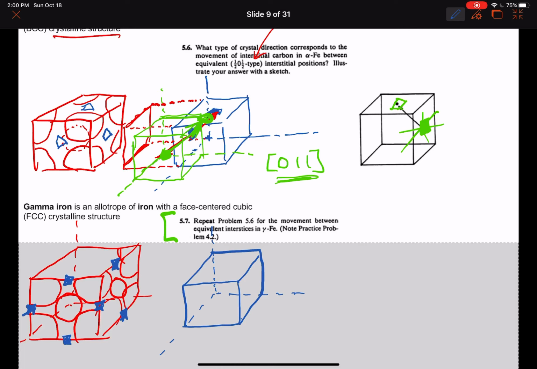We might be considering initially, for simplicity, this bottom midpoint where the leftmost edge meets the base edge, so the midpoint of that along the x direction here, for example. And we could consider moving that carbon atom to the next site. So say, for example, there.